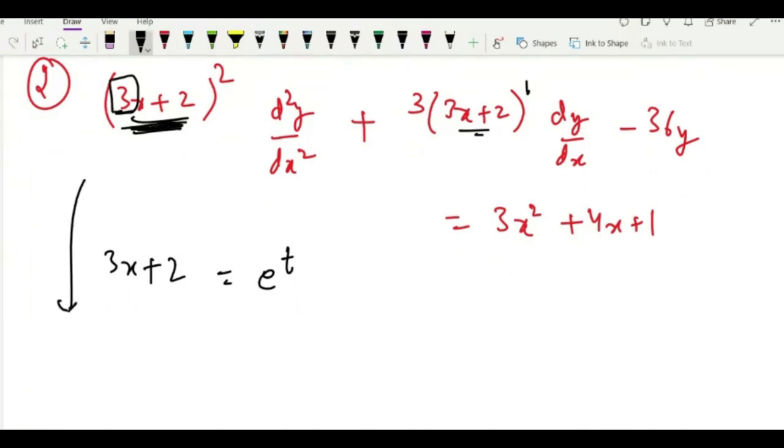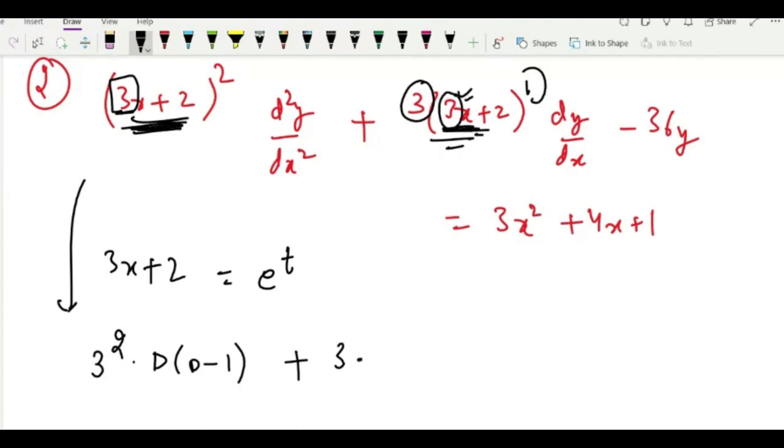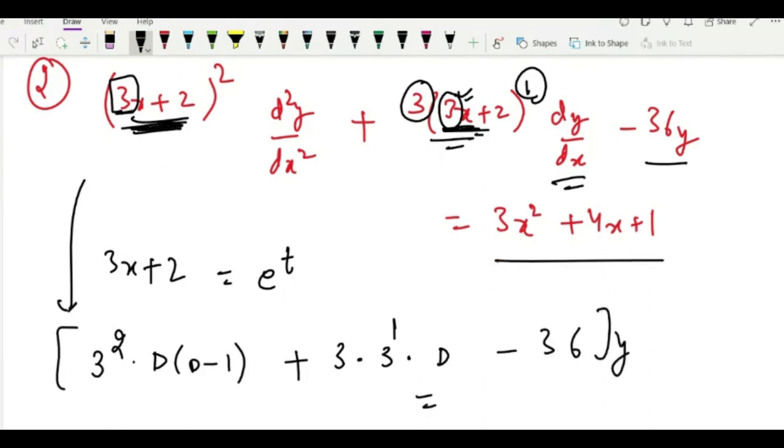So this equation becomes, after this substitution, 3 square D(D minus 1) plus, from here this 3, b power 1, 3 raised to power 1, D minus 36, and take common out y is equal to... from here we have to find the value of x first.